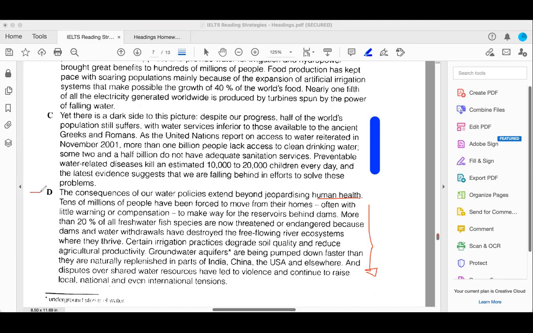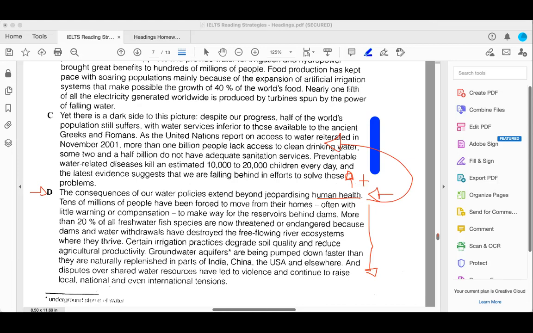So this is because the first sentence here is a linking sentence. Very often when we write IELTS essays, or when we write in general, we also need to link the body paragraphs. And sometimes we link the sentences so that it's coherent. So human health, this sentence is telling you that human health is discussed in this paragraph. Does it make sense?